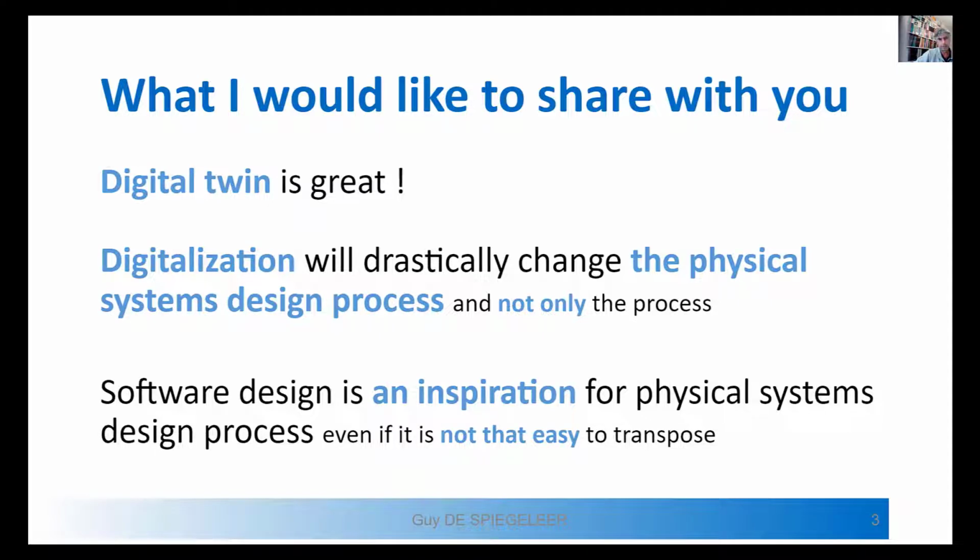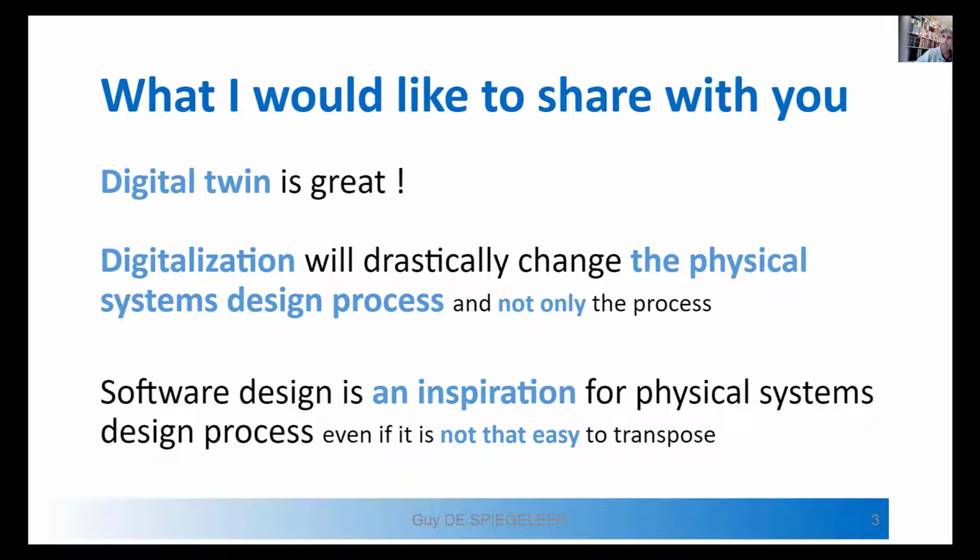And last, software design is an inspiration for the physical system design process. By software design, I mean what most of you, probably coming from software development, know as Git, for instance. This is something that drastically changes the way you design your software.